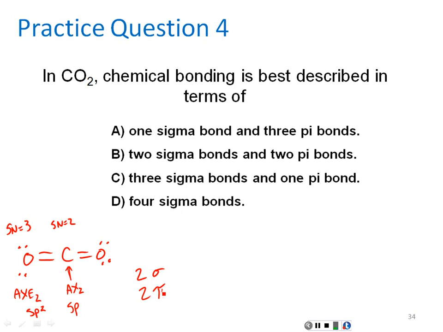Or you can actually draw out this model, where you have carbon with 2 sp orbitals. Oxygen will have 3 sp2 orbitals. Create a sigma bond.